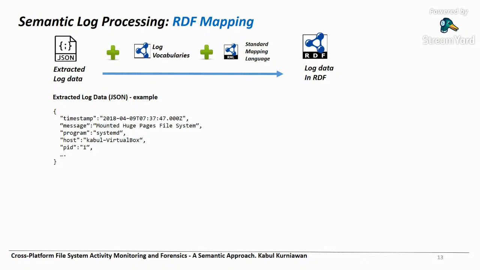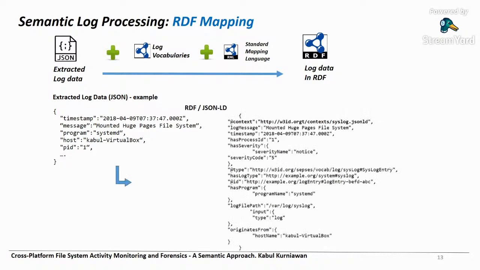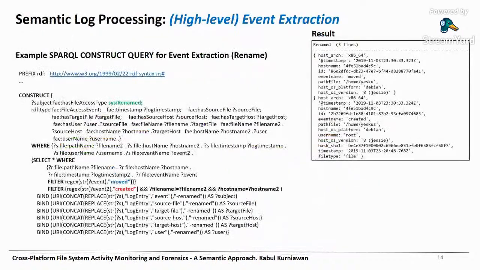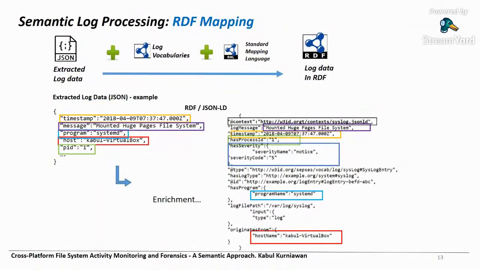After having the RDF mapping, we generate the graph or RDF representation of the log data. On this mapping, we can also perform enrichment, which is to attach additional information which does not exist or is not provided in the original raw log data.